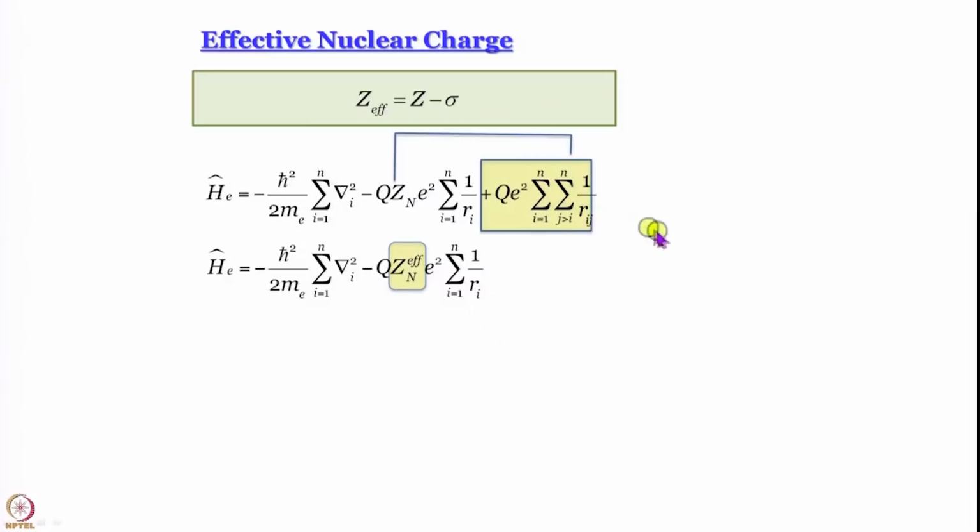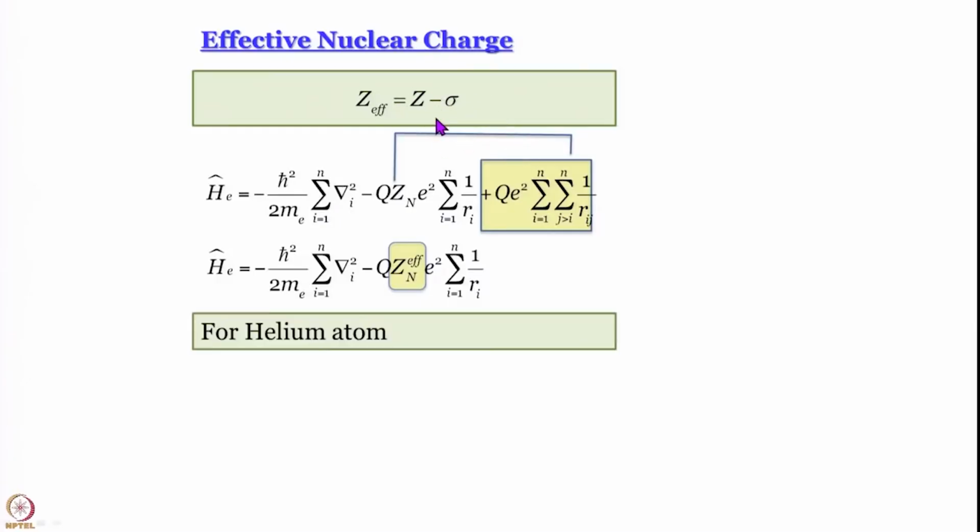So this problematic Rij vanishes. Have we neglected it? We have not actually, we have accounted for it in sigma, but the good thing is that it allows us to write our Hamiltonian in terms of n number of 1 electron Hamiltonians with the modification that screening is accounted for.